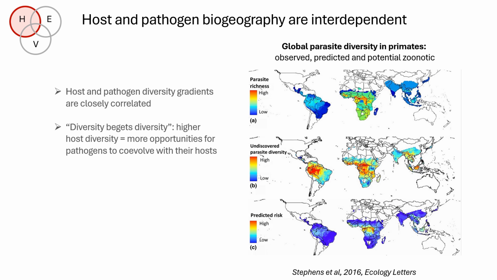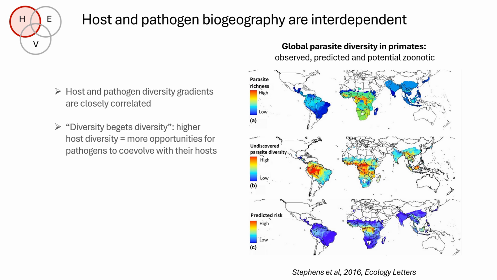The middle row here shows an estimate of undiscovered parasite diversity, so those parasites that we think are probably there that we haven't yet discovered. And then the bottom row here shows an estimate of the most likely zoonotic risk to people in those areas. But the key thing to take home from here, thinking about where primate diversity is highest, is that the diversity gradients of hosts and pathogens are closely correlated.